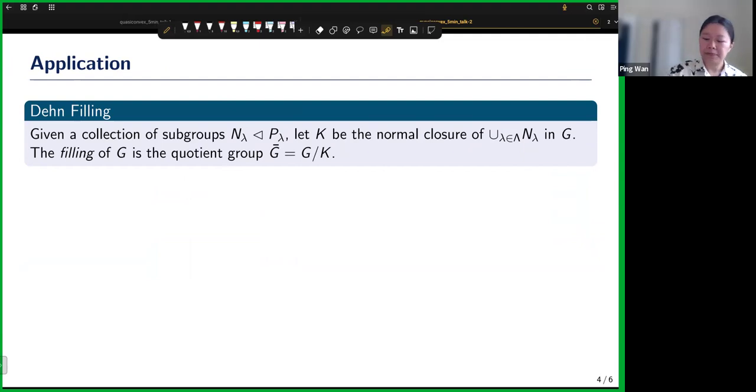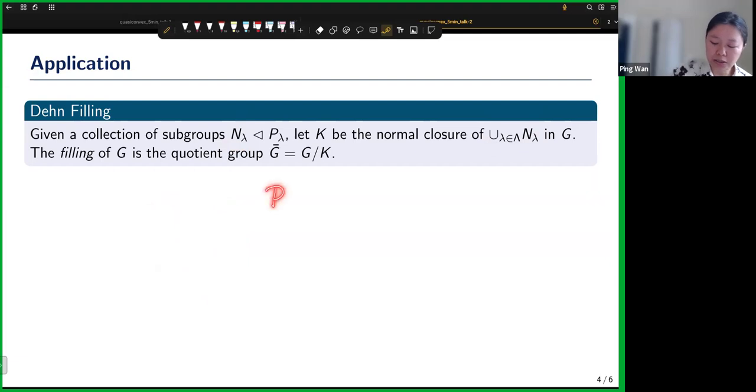So basically, I start with a group G and a collection of subgroups P. And then for every P lambda inside the collection P, I choose a normal subgroup N lambda. And then I let K be the normal closure of all such N lambdas in G. So now I do the quotient, and I let G bar be G quotient by K. That's going to be my filling.